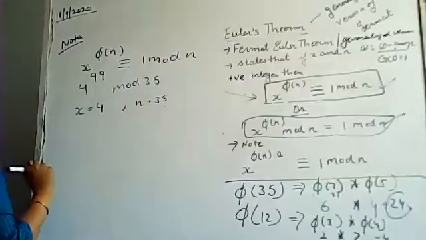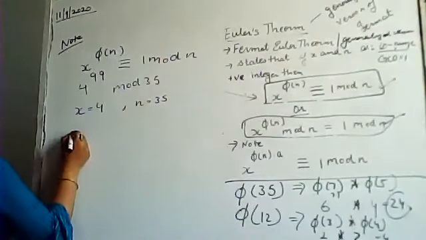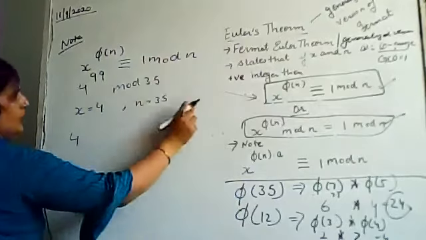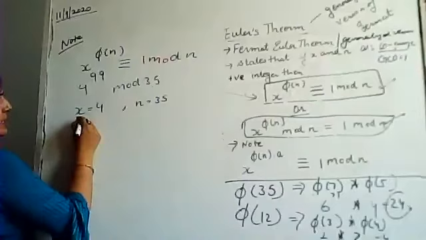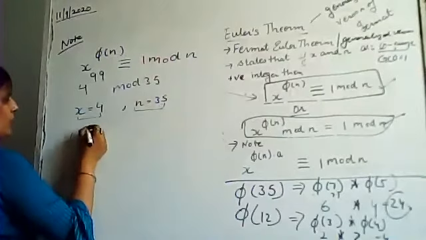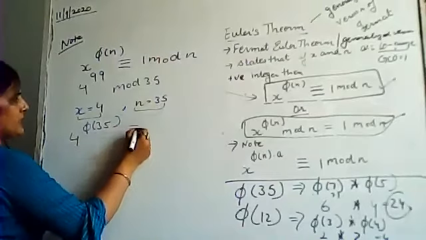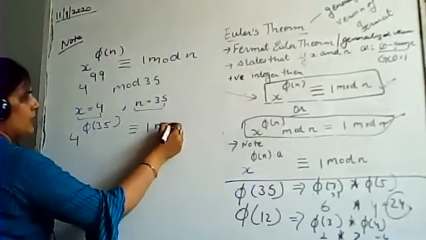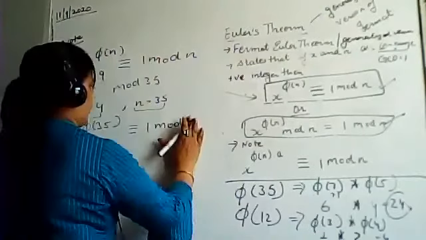So what Euler's theorem says is that we have 4 raised to power phi(35), and that is equivalent to 1 mod n. So n is 35 over here.